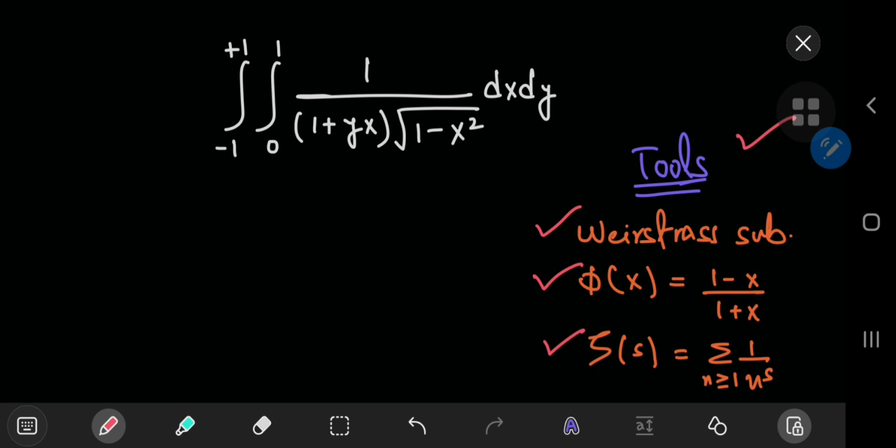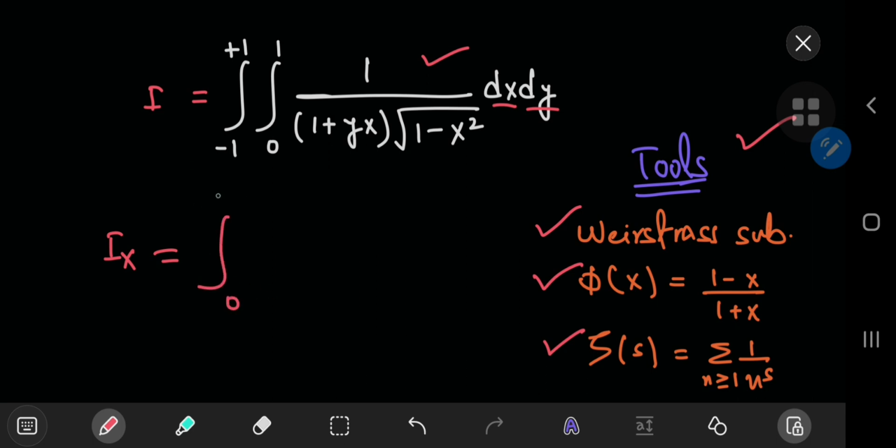Let's begin our integration. So we have a double integral from -1 to +1 and 0 to 1 of a fascinating looking function. Integration first with respect to x and then with respect to y. So let me carry out the integration with respect to x first, and I'm going to call this I sub x, which is a strange notation, I get that, but let's just go with it.